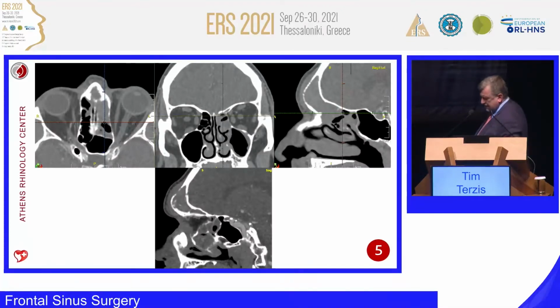That's the CT scan, and you can see that basically there's anterior ethmoid disease, and the frontal sinus is completely obstructed and full of material, and there is some erosion in the anterior wall, as you see here, possibly 1 point of erosion in the posterior wall.